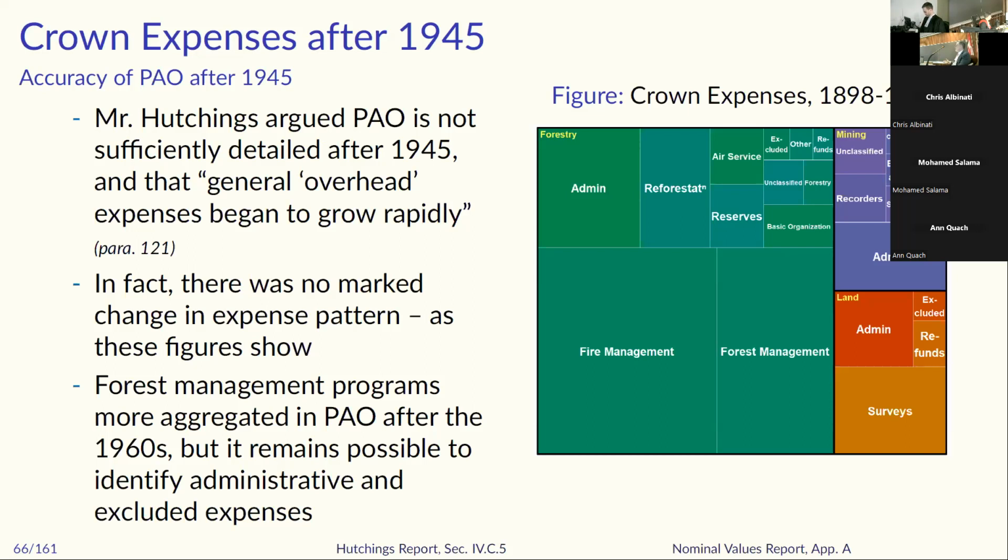And so if we compare the size of the administration expense blocks between those two periods, we'd learn about whether that statement is true or not. So before 1945 on slide 66, the administration expense block is in the upper left corner in green. There's also a much smaller block labeled basic organization, which is in the middle right. He would also consider that overhead, we don't.